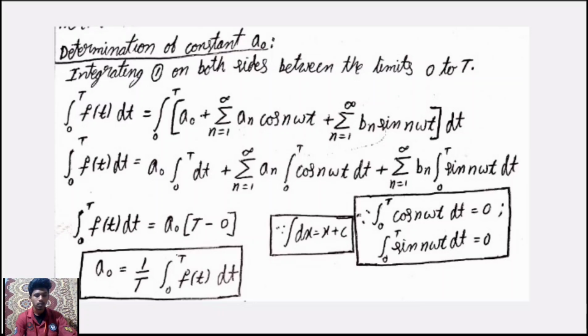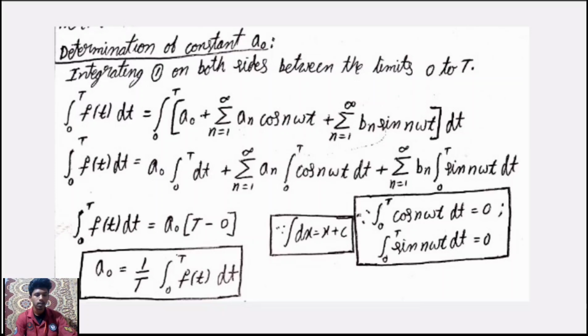This equation becomes integral of 0 to T f of t dt equals a0, which is constant, so we can write it outside of the integral, and integrate the remaining integral 0 to T dt, plus summation; an is constant here, so we can write it outside of the integral. Summation n equals 1 to infinity an into integral of 0 to T cos n omega t dt plus summation n equals 1 to infinity bn integral of 0 to T sin n omega t dt.